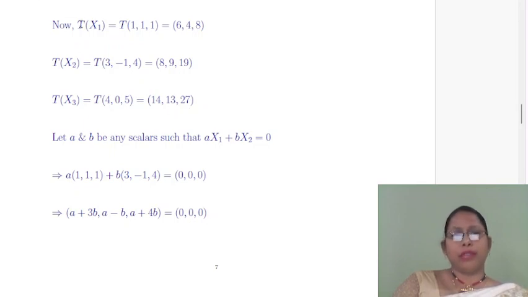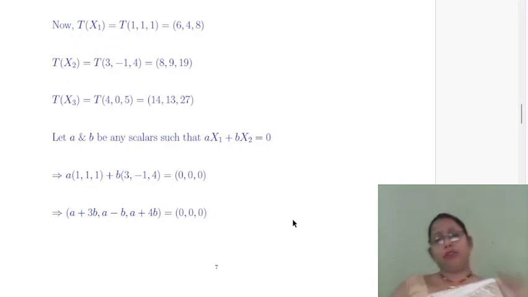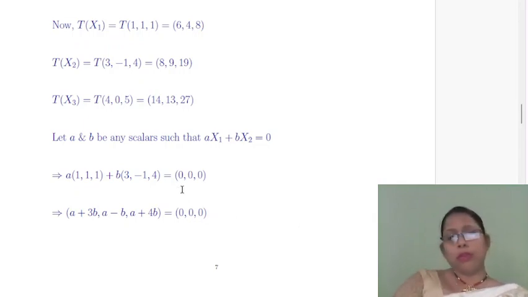Next, we will show that the vectors x1 and x2 are linearly independent. For that, consider a and b to be two scalars such that the linear combination a x1 + b x2 is equal to the zero vector. Now put in the values of x1 and x2. We will get a(1, 1, 1) + b(3, -1, 4) = 0 vector.